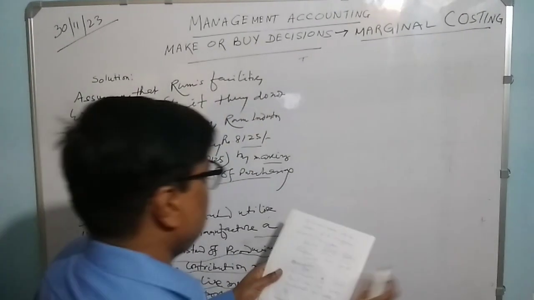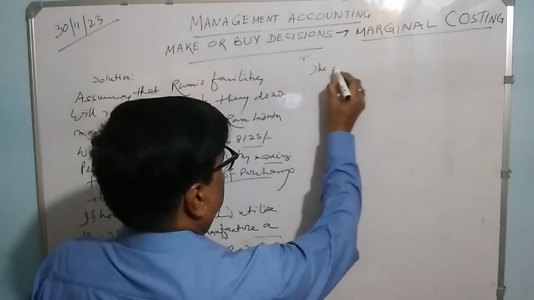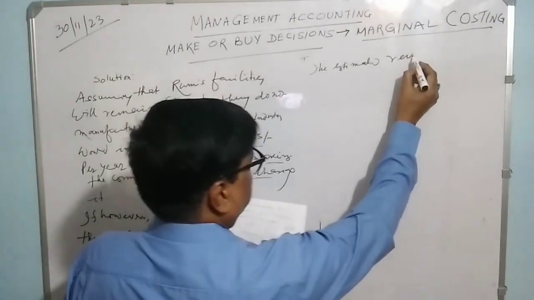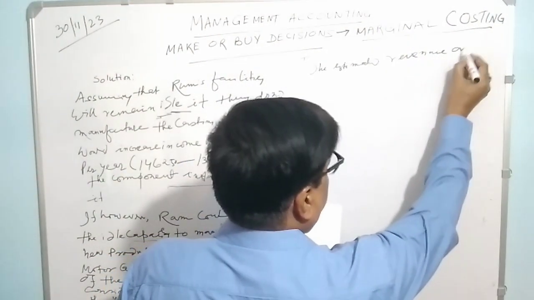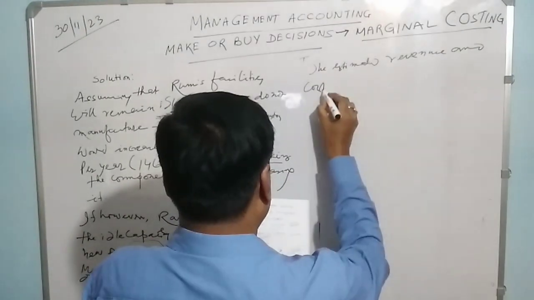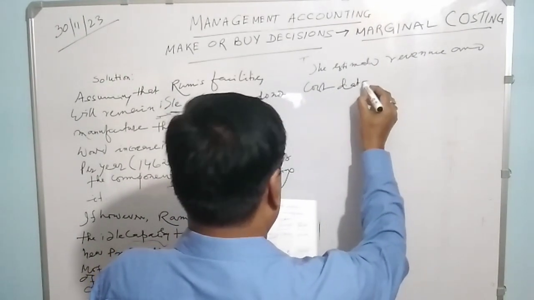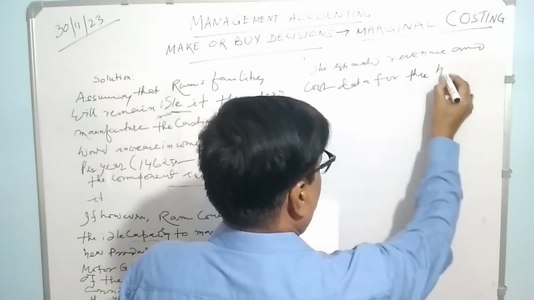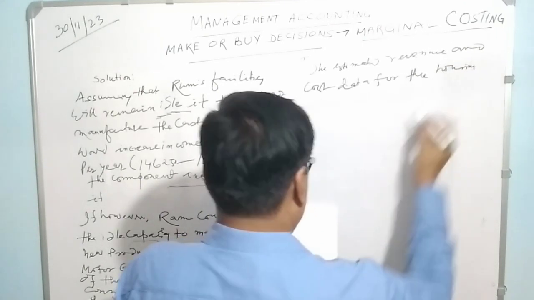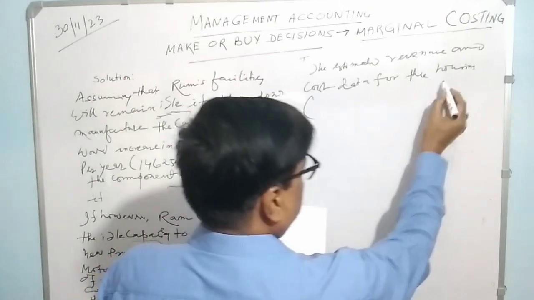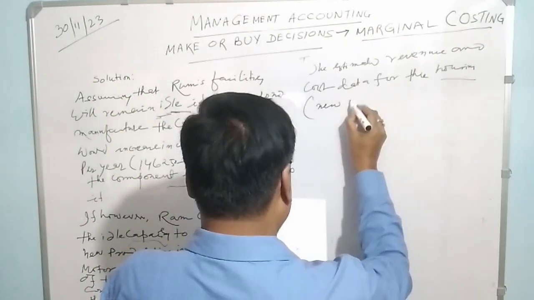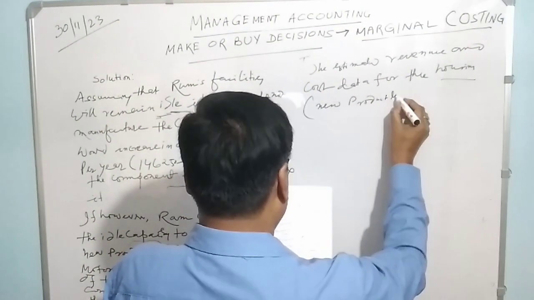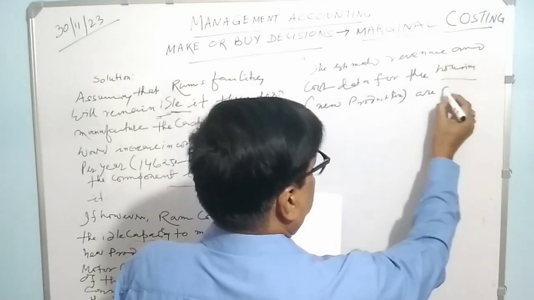You see the estimated revenue and cost data for the housing. What is that housing? That is the new product line, right? As we are discussing there, new product line are as follows.